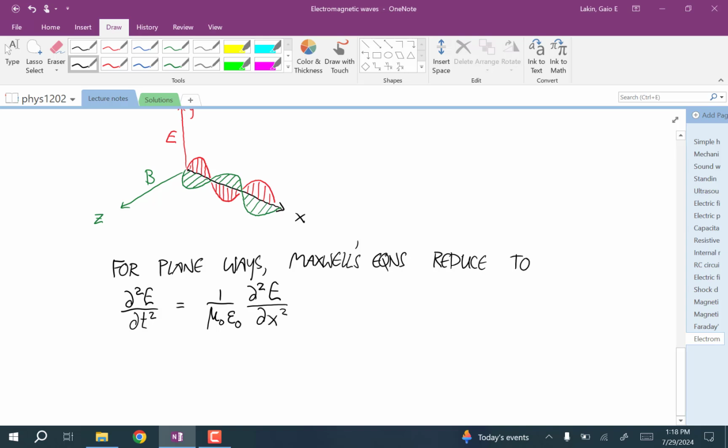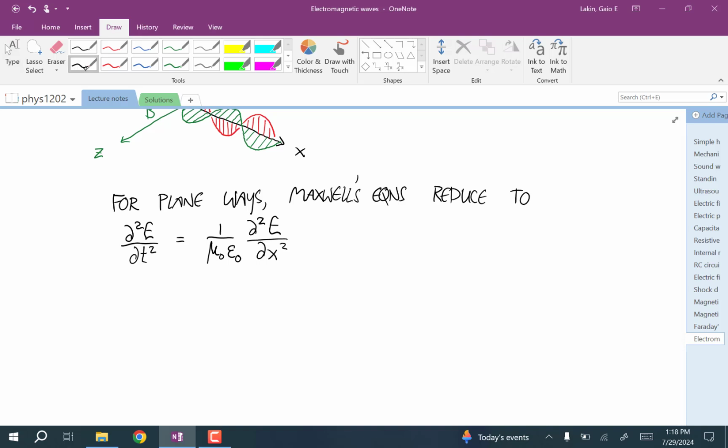Okay. And an almost identical equation for the magnetic field says the second partial derivative of the magnitude of the magnetic field with respect to time is equal to 1 over mu sub 0 times epsilon sub 0 times d squared B over dx squared. Okay, those look pretty much identical.